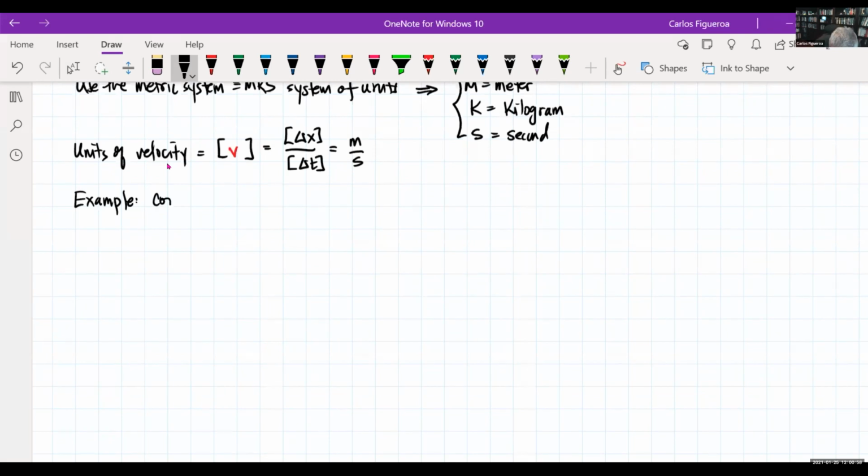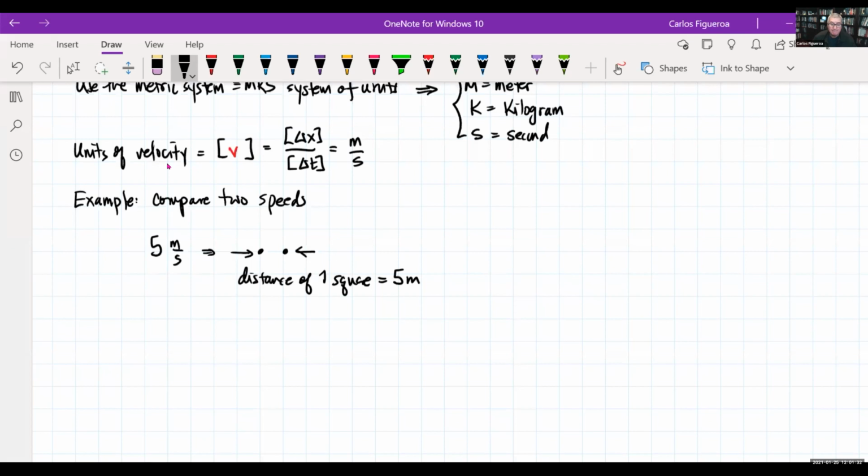We want to compare two speeds. If I write 5 meters per second, let's say that the distance of 1 square equals 5 meters.